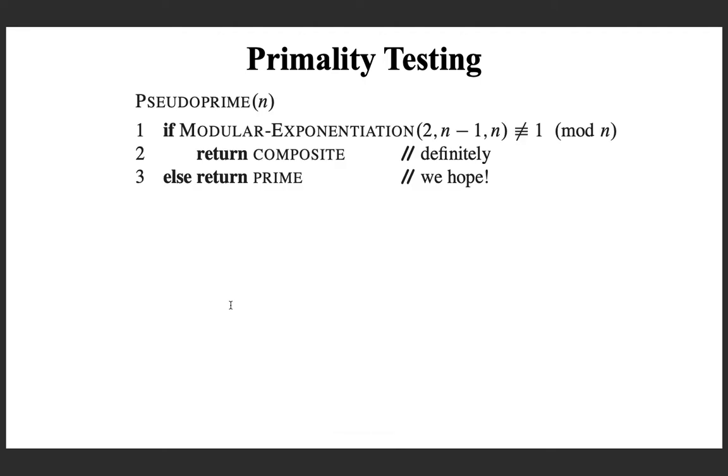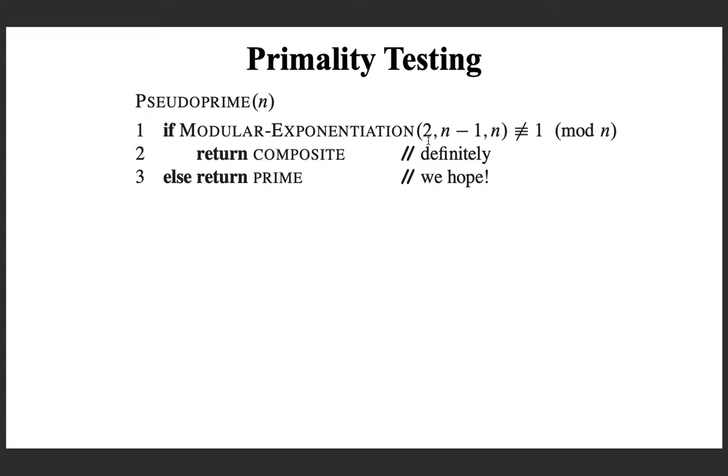This is an algorithm in the textbook, I just copied it. The algorithm is named pseudoprime, and why it is named pseudoprime, we will see later. And what is it doing? The same logic that we derived. It finds a to the power n minus 1 modulo n, and a is fixed as 2.